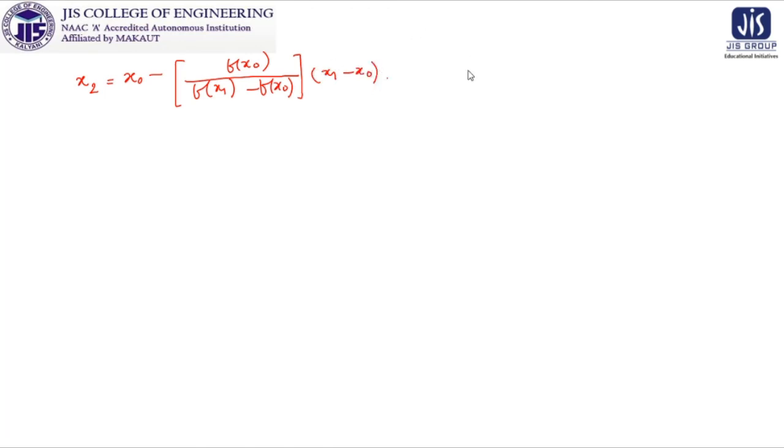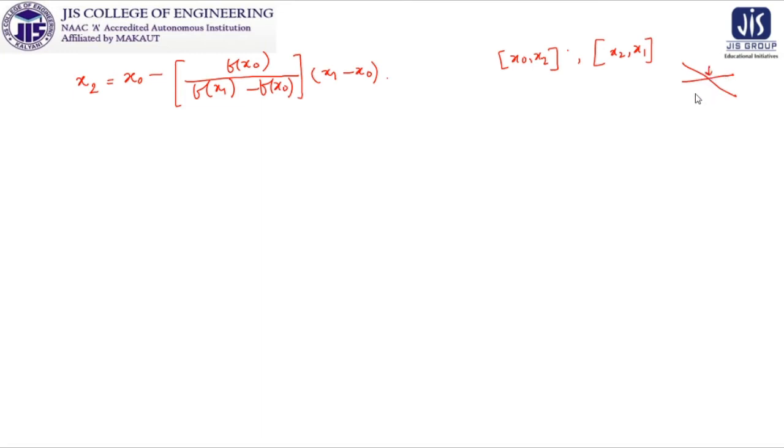So at the endpoints of the intervals, x0 x2, after calculating x2, which is not exactly in the middle position like in the bisection method, x0 x2 or x2 x1, here x2 is generated by the intersection of that straight line with the x-axis.